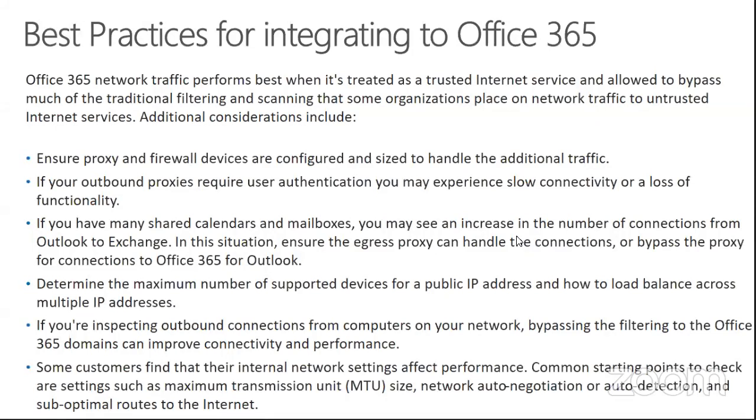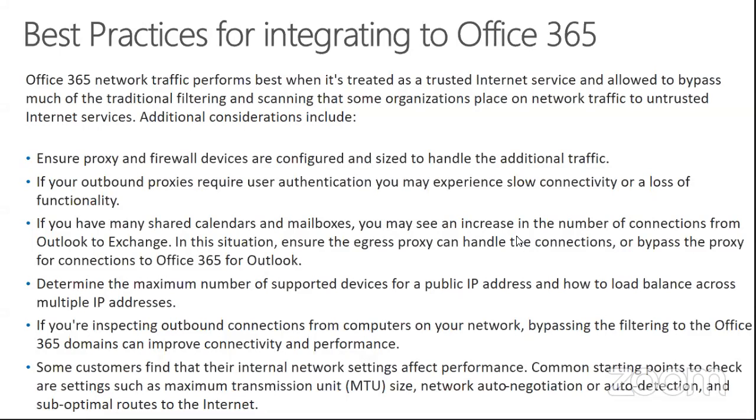Other than that, there are certain best practices for integrating your environment to Office 365, right? So remember that Office 365 network traffic performs best when it's treated as a trusted internet service and it's allowed to bypass much of the traditional filtering. So that's when it performs best. This typically includes removing scenarios like outbound processing, such as proxy user authentication, as well as ensuring, for example, a local egress to the internet with the proper NAT translation.